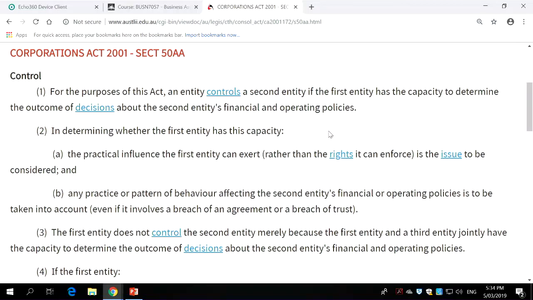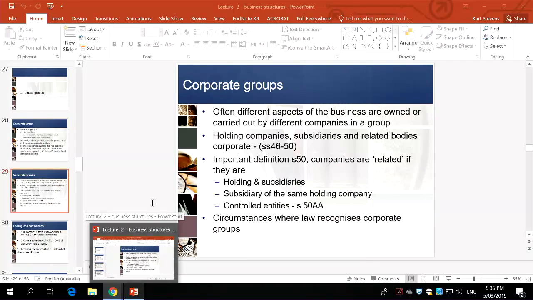We look at the practical influence that they can exert, and we look at the pattern of behaviour, such that if one entity was to vote the same way at shareholders' meetings and they always carry the day, then that would be a very strong argument for a pattern of behaviour. So that's the control test.